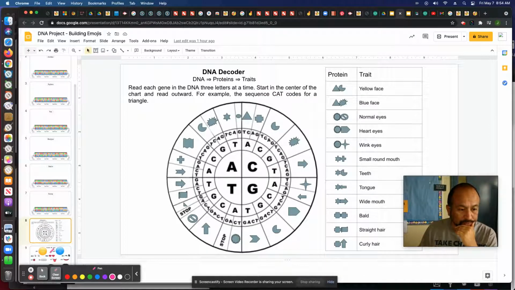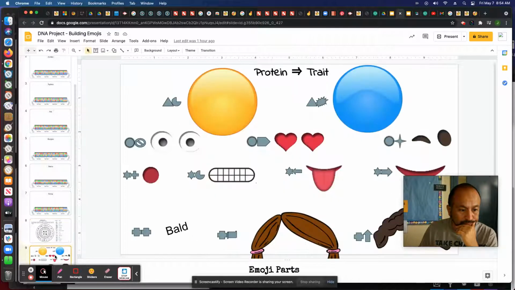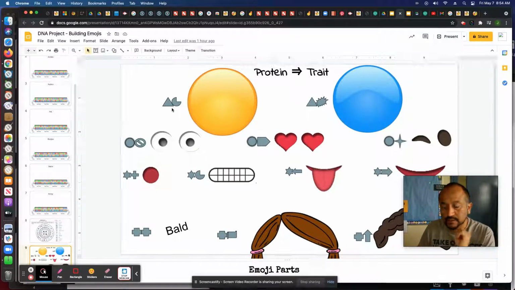So we're going to go to the chart here, and we're going to look for a triangle with a Pac-Man. Those are the protein molecules that the genes instructed us to build, which, translated into traits, would build a yellow face.